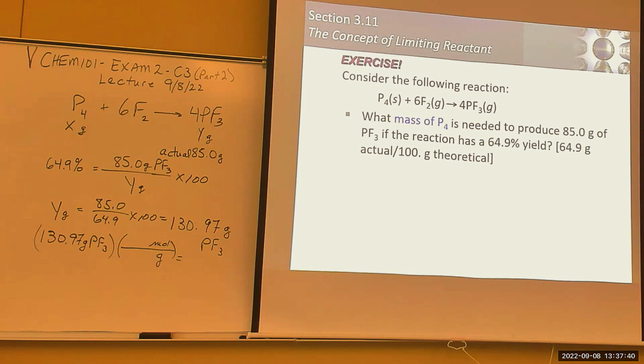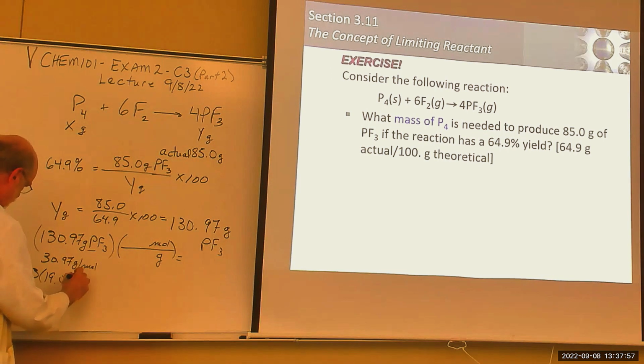Well, let's see. Phosphorus is 30.97, right? 30.97 grams per mole for that. And then 3 times fluorine, which is 19, rounded off. 30.97 and 3 times 19, add those together.